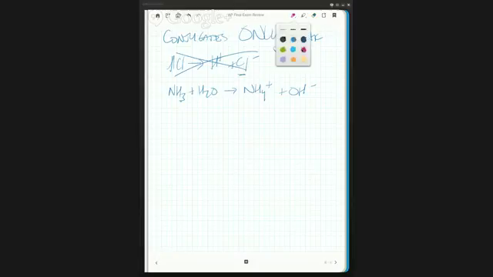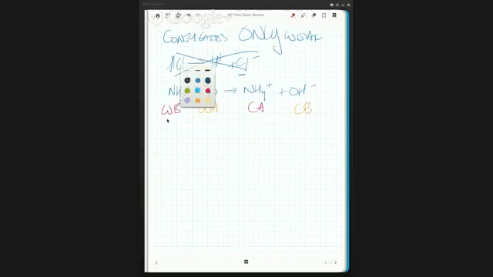So this is your weak base, and this is its conjugate acid. And then right here, you could say this is the weak acid, and here's its conjugate base. But really, the one we're focused on is this one, because that's the weak base, and here's its conjugate acid.